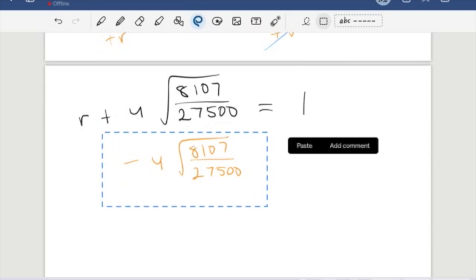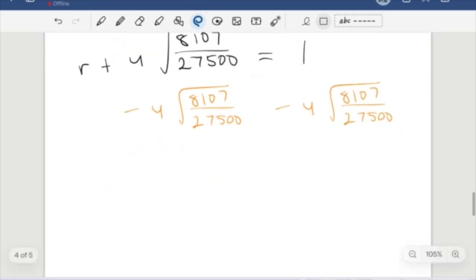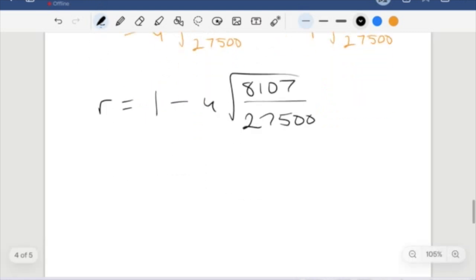Copy and paste. We're going to do this to both sides, and now we can find r. r is going to be 1 minus the fourth root of 8,107 divided by 27,500. And once I do that, that gives me approximately 0.26 or 26%.